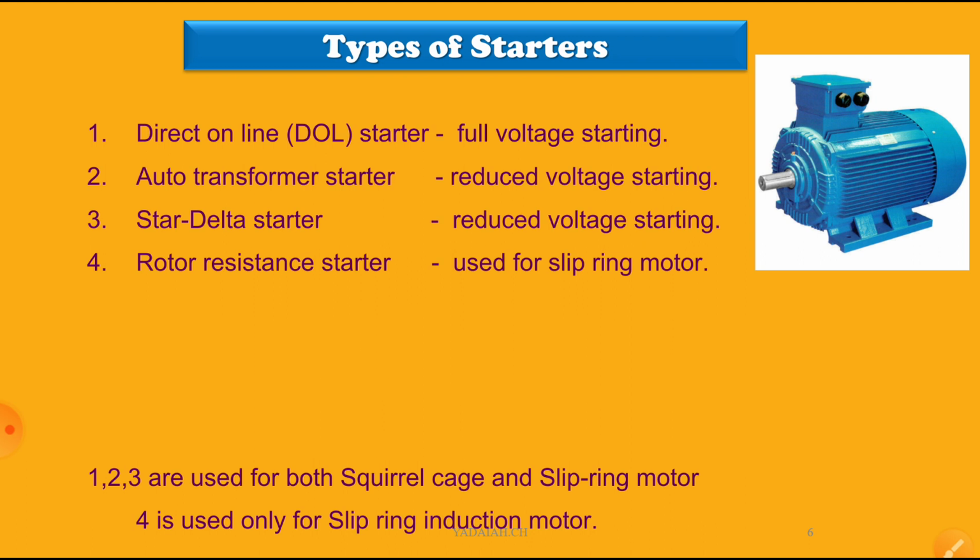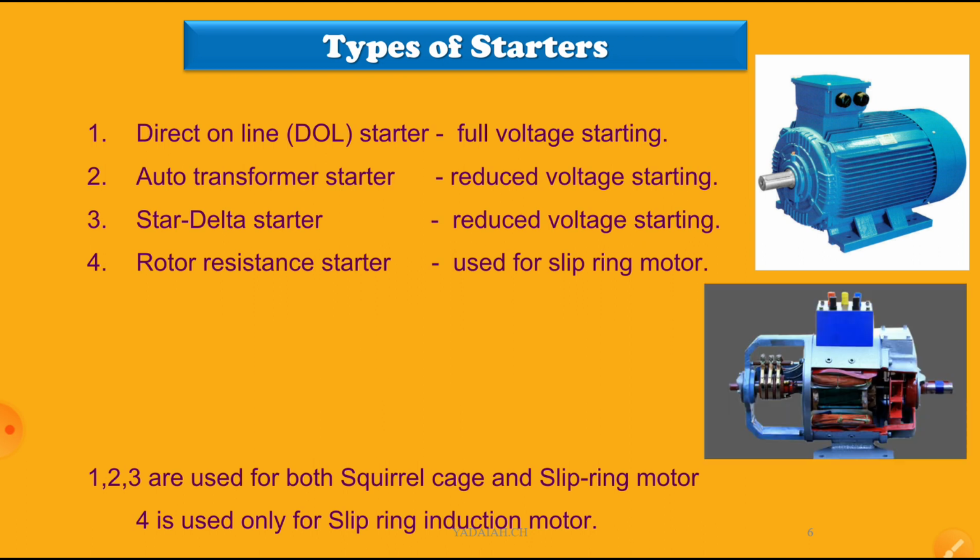But it is costly and maintenance is required. We control the starting current in the stator from the rotor side by adding some resistance in the rotor circuit. That type of starter we can call the rotor resistance starter. You can see this is also a slip ring induction motor.